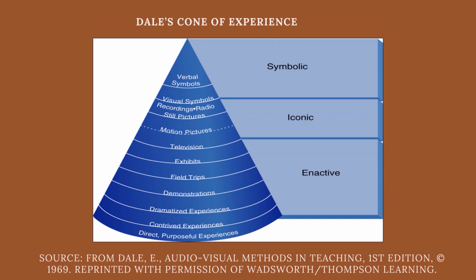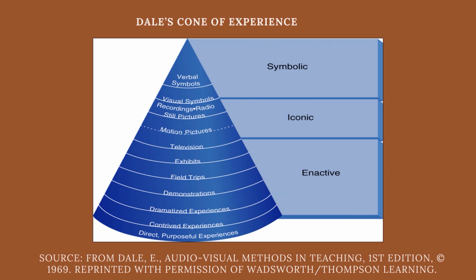And in regard to media and media education and media selection, we need to understand Dale's cone of experience, which is simply divided into three main categories, which are inactive, iconic, and symbolic. Inactive means any kind of direct, purposeful experience.